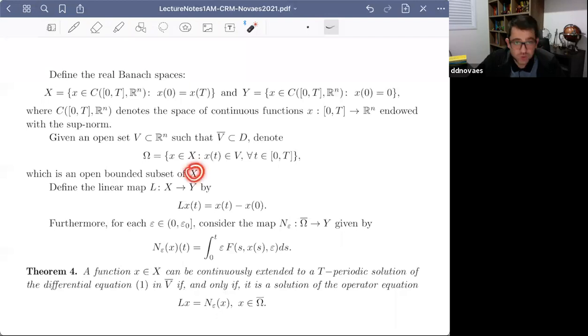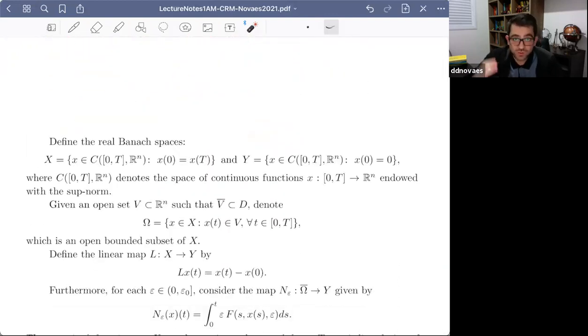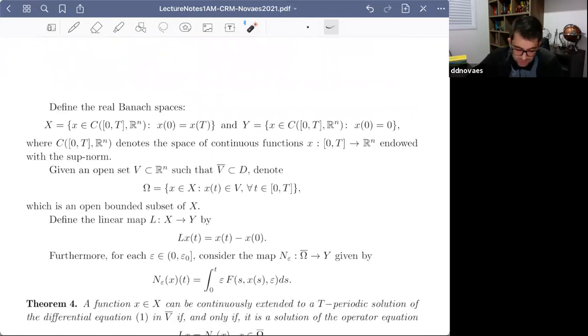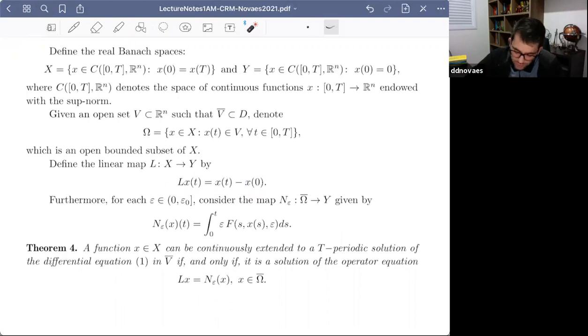And in this set, we define this linear map that I introduced before, but now defined in a smaller space. So L of x evaluated at t is equal to x of t minus x of 0. And we also introduce this nonlinear map, now defined on the closure of Omega, given by the integral between 0 and t of epsilon f of s, x of s, epsilon ds.